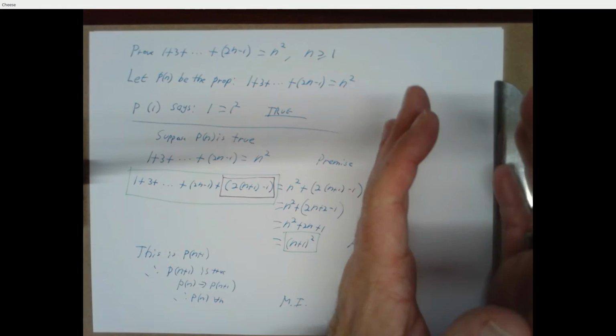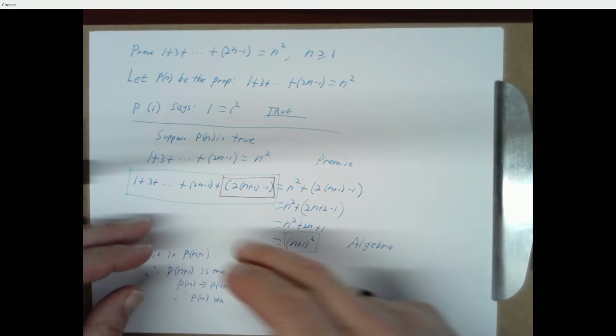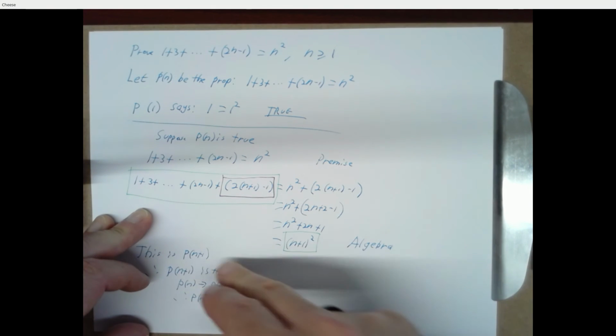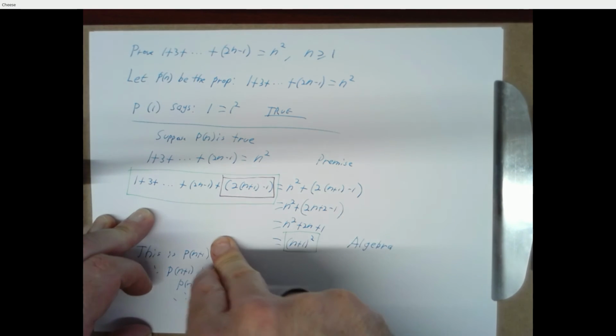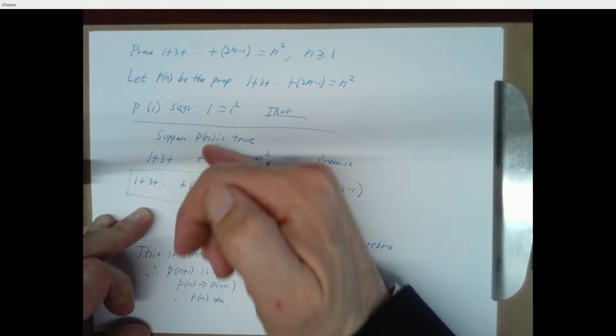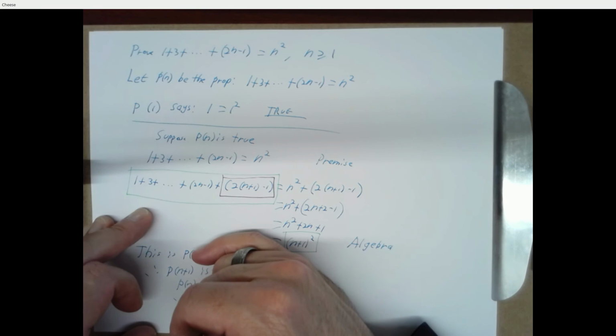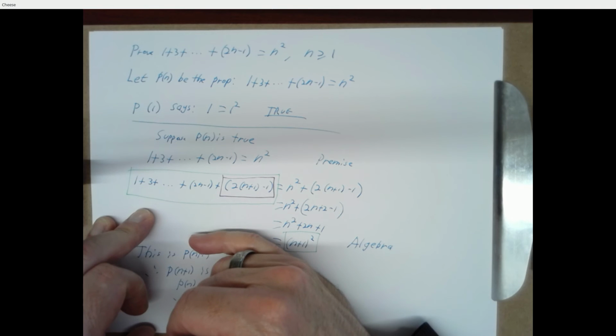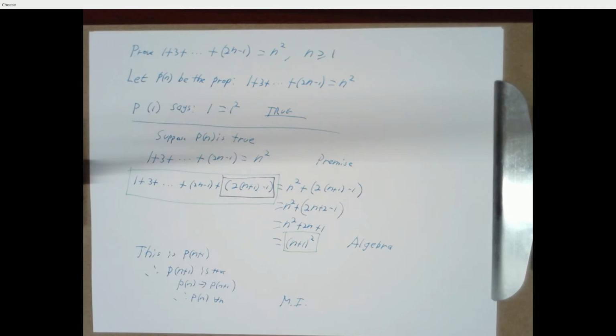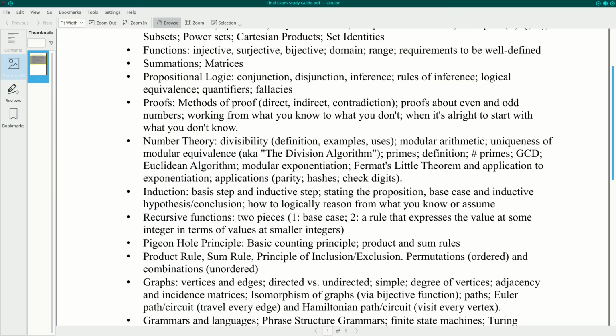But the whole idea of the ignore is don't let me think that you've written P(n+1) as one of the steps of your proof, because you haven't proven that yet. And if you state that as one of these steps, then your proof falls apart, because P(n+1) hasn't yet been shown to follow from what you know. All right, so logically reason from what you know or assume.